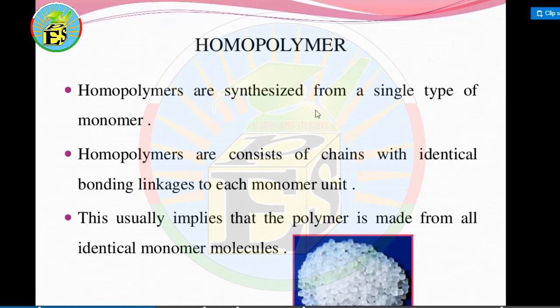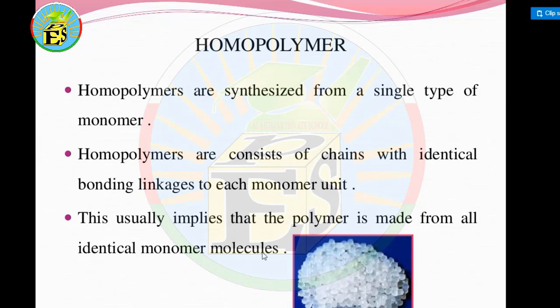So homopolymers are synthesized or made from a single type of monomer. Homopolymers consist of chains with identical bonding linkage to each monomer unit. The bonding unit is same. This usually implies that the polymer is made from all identical monomer molecules.